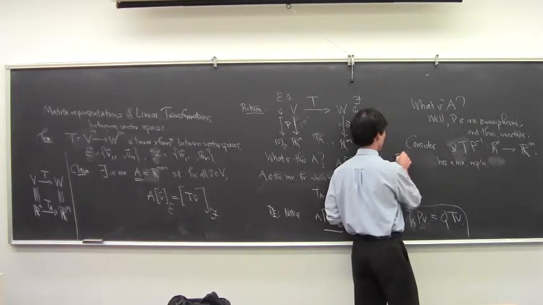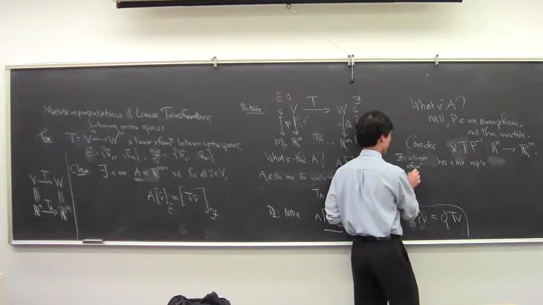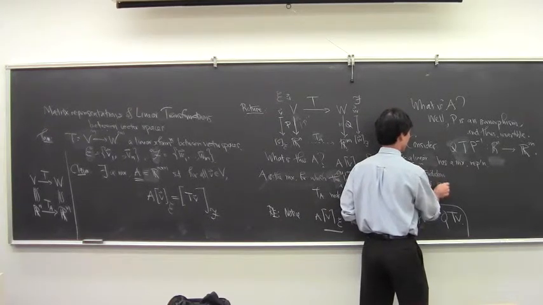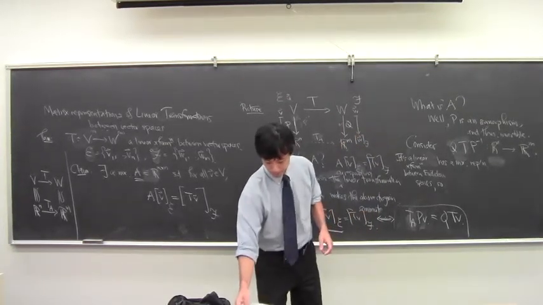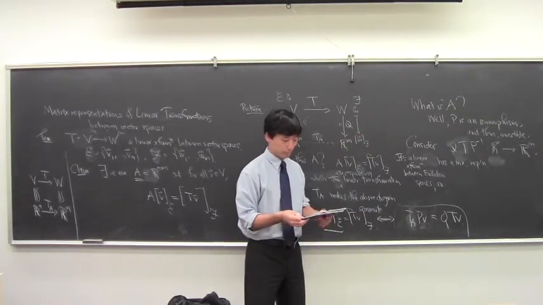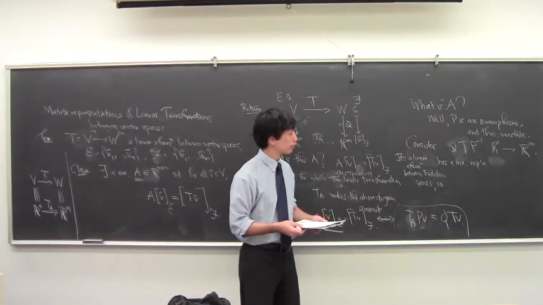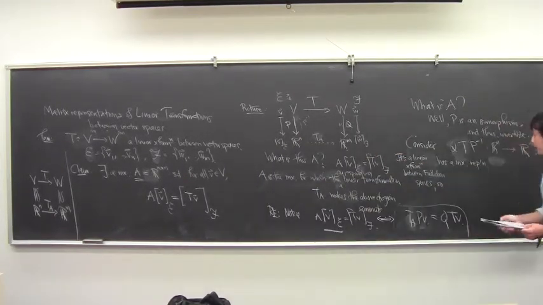It's a linear transformation between the Euclidean spaces, and so has a matrix representation. Okay. So what's the matrix representation?